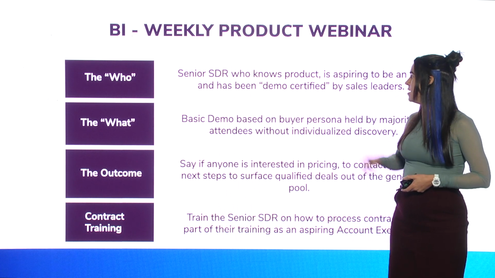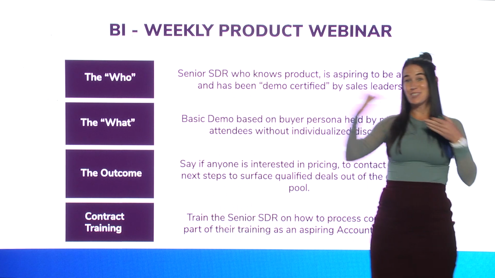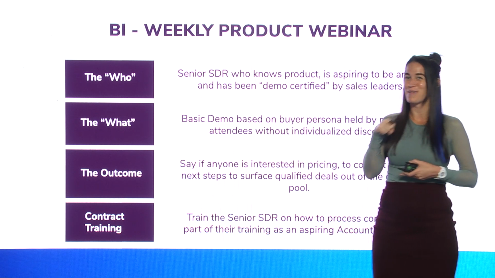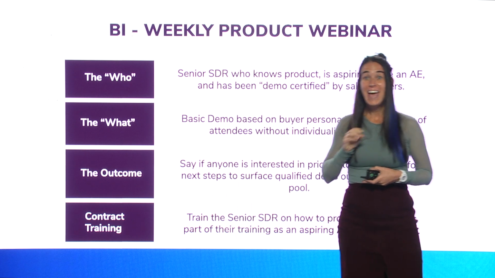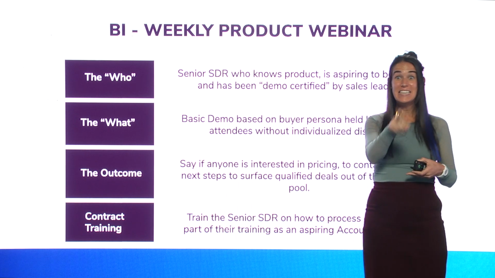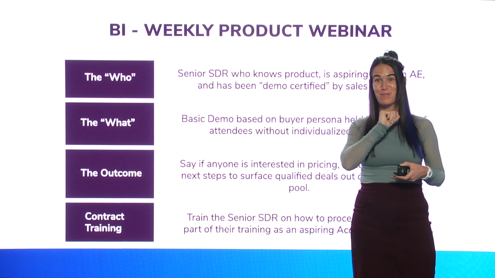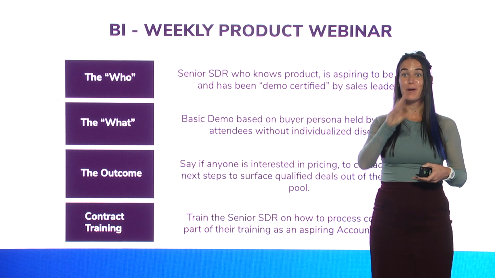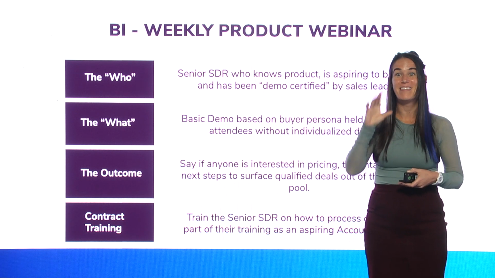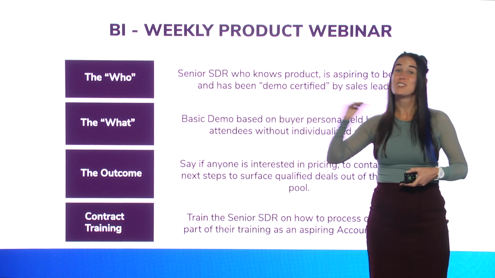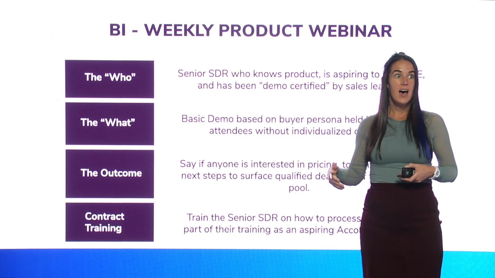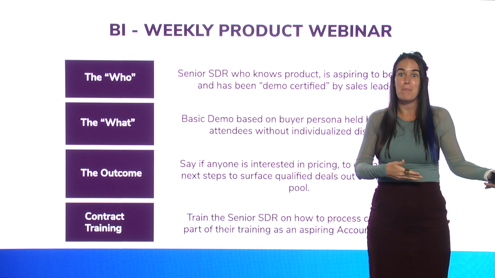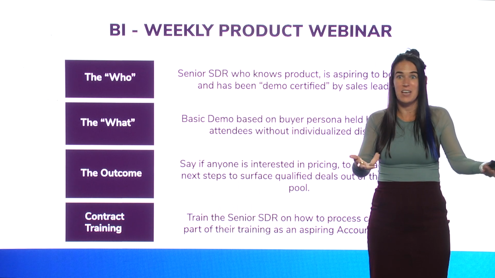The outcome at the end of this bi-weekly product webinar, the other great thing about it, sorry, I'm getting really excited, is you will end up surfacing deals out of people that look unqualified. Some people look unqualified on paper and they'll tell you they're unqualified and that they have no money. But then after seeing your product, they'll say, I don't have 10 salespeople, but I can find the budget that you're telling me it costs to get your platform.